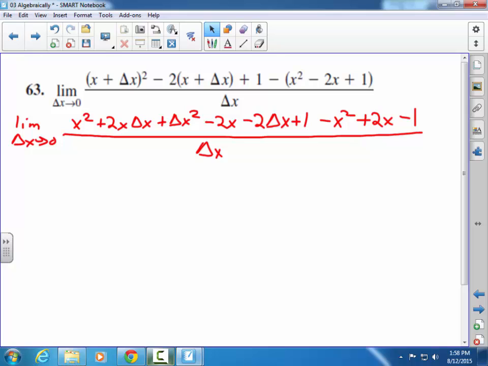And if you don't agree, I recommend you look at it again or let your neighbor look at it and see if y'all can reach a conclusion on what's happening here. The final answer? Yes, the final answer should be 2x minus 2. Have you gotten there? Very good, very good.